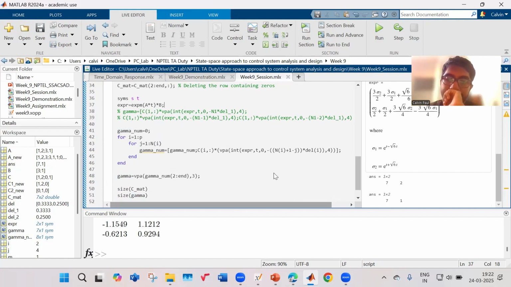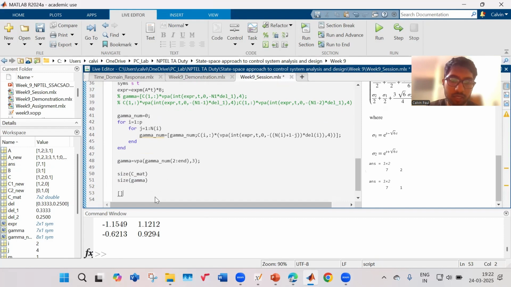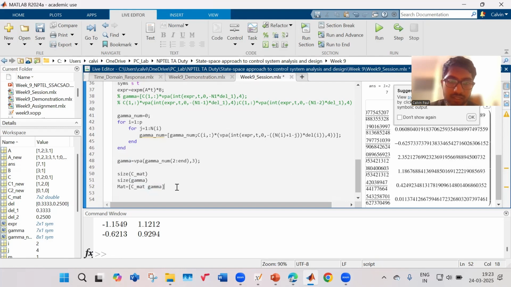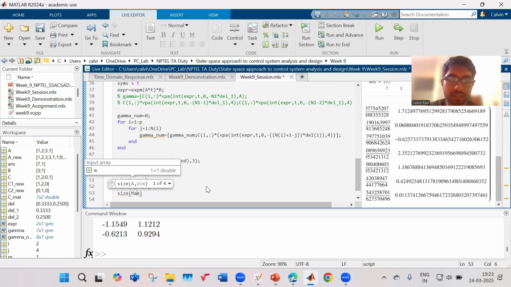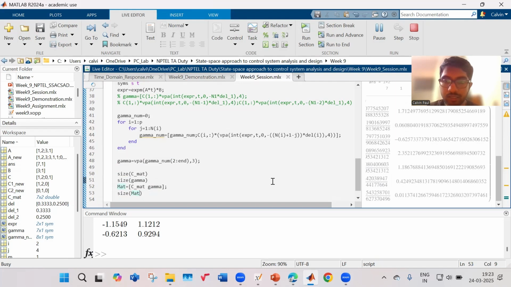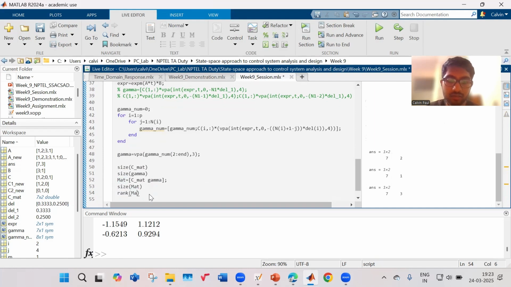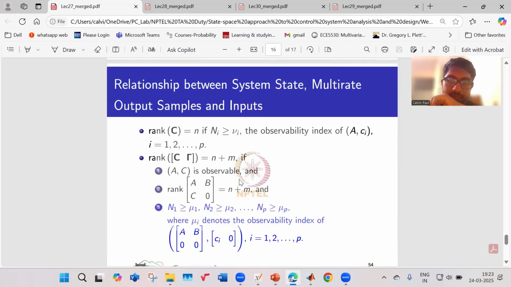Now we have to find C and gamma. Let us find what is this matrix? Okay, we will write this matrix. Let us find the size of this matrix. It is 7 to 3 column. That comes to be rank 3. So this rank comes out to be 3.